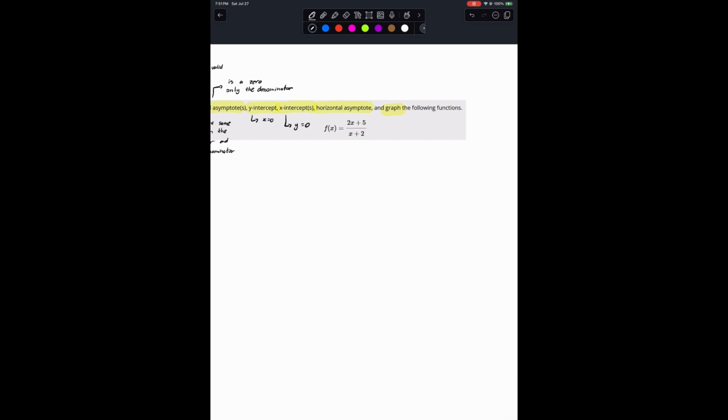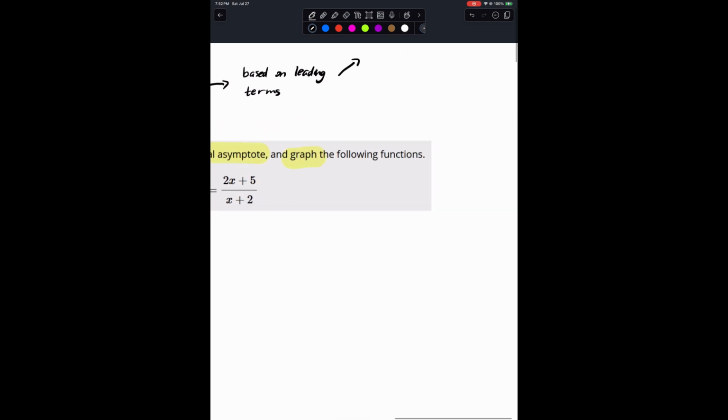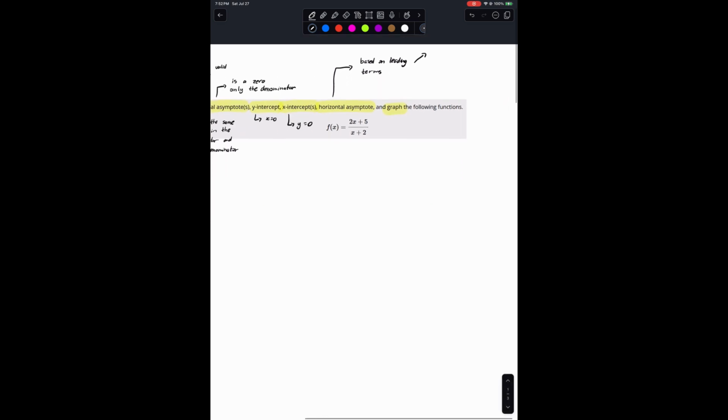Your horizontal asymptotes, this relies on looking at the leading terms, okay? So based on leading terms on the numerator and the denominator, you have these abbreviations. Let me use the space below.